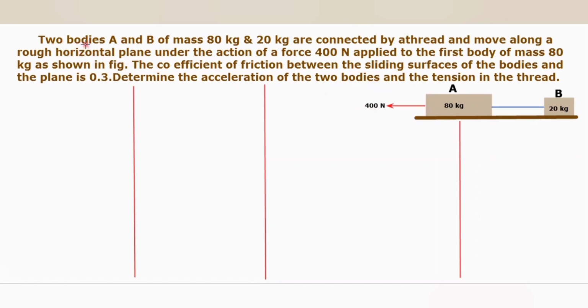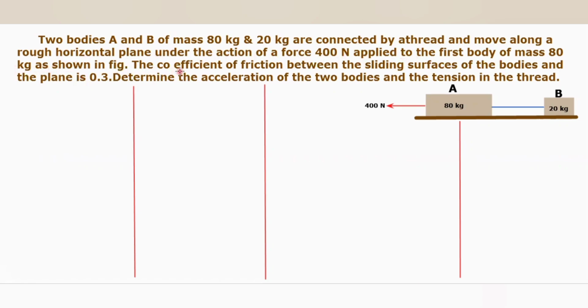Two bodies, A and B, of mass 80 kg and 20 kg are connected by a thread and move along a rough horizontal plane under the action of a force 400 Newton applied to the first body of mass 80 kg as shown in the figure.